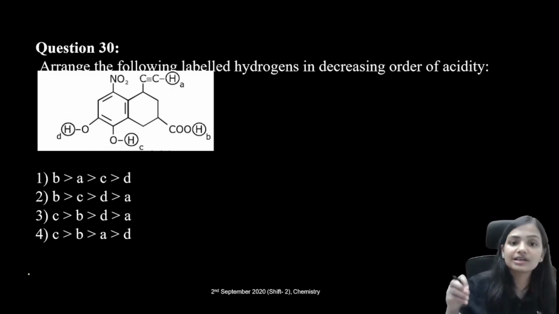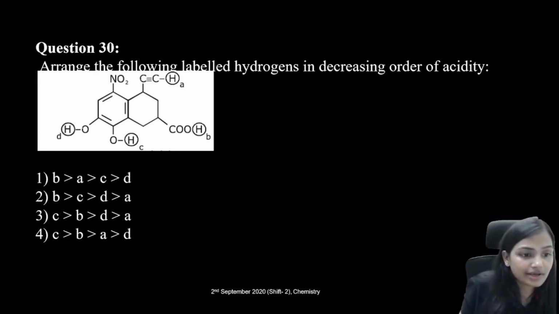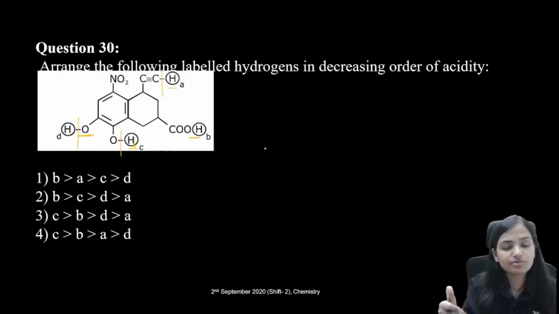Arrange the following labeled hydrogens in the decreasing order of their acidic strength. Here I may tell you, this is bonded with O, this is also bonded with O, this is also bonded with O, and this is bonded with carbon. So this is the difference. Which is going to be more acidic, the carbon one or the oxygen one? Is the OH more acidic or the triple bonded carbon hydrogen?